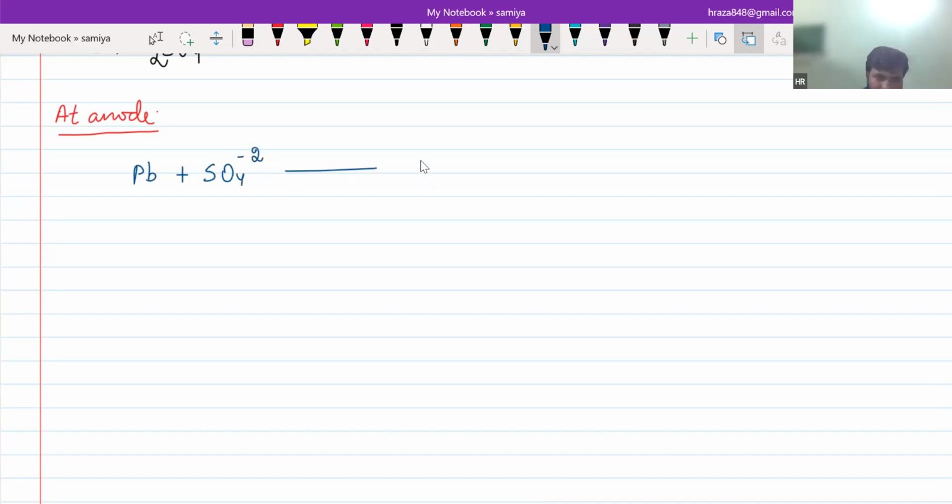So these both will combine and form PbSO4 plus 2 electrons. You can easily see that on the reactant side the oxidation state of lead is 0, and here it is plus 2. That means it lost 2 electrons, and losing electrons is oxidation.